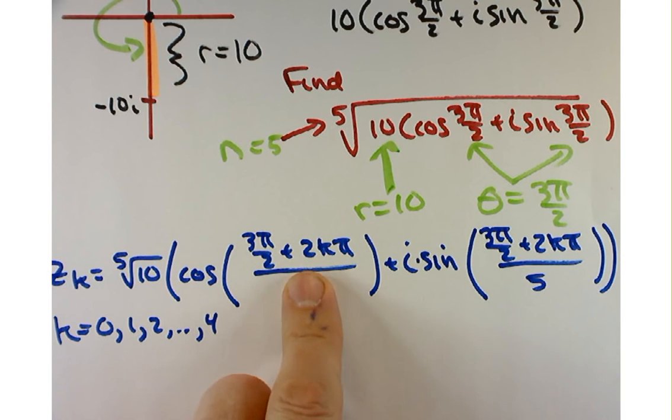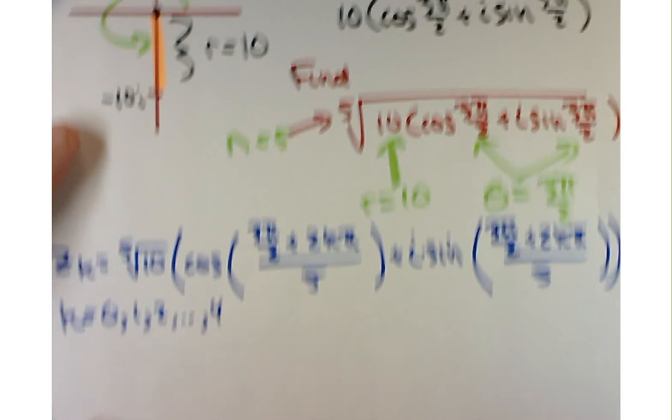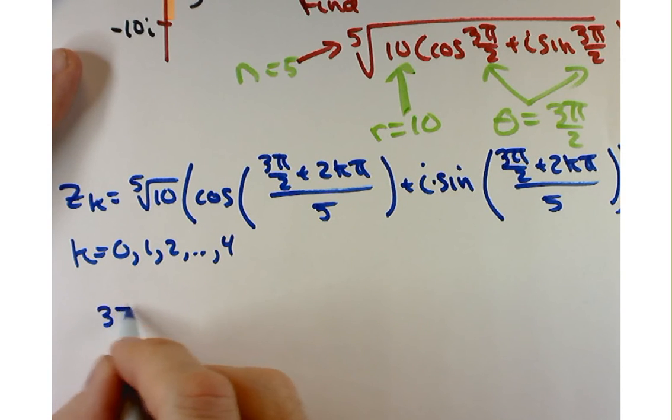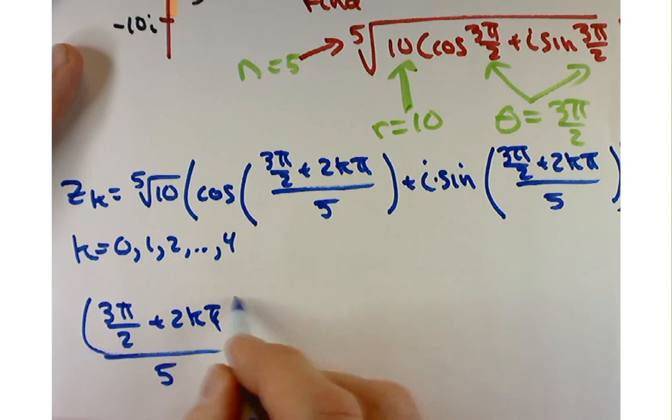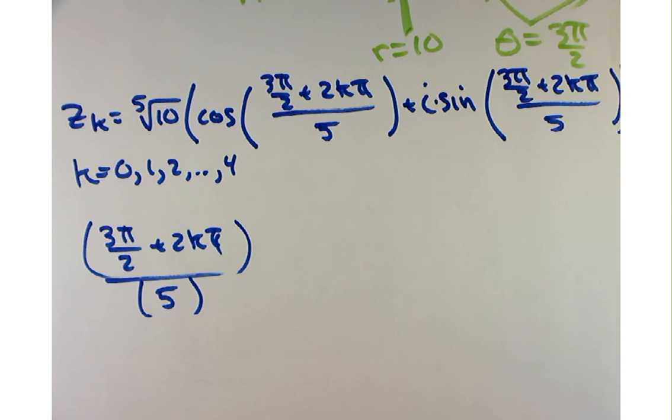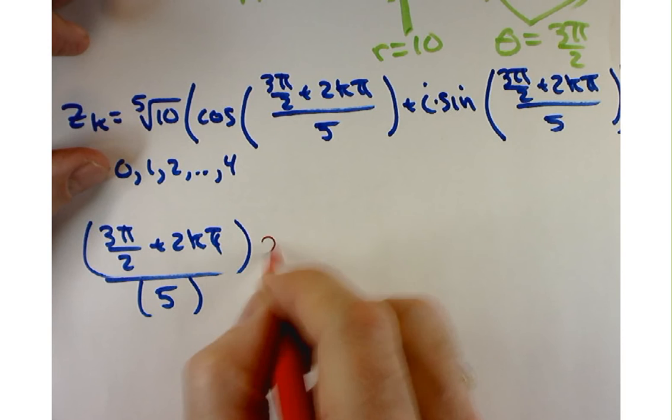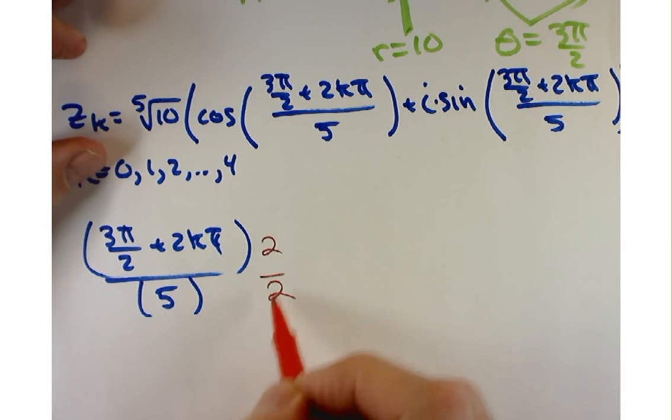This is kind of ugly in here, especially with the 3 pi over 2. What you can do, I'm just going to do this off to the side: 3 pi over 2 plus 2k pi over 5. I'm going to multiply the numerator and denominator by 2, so 2 over 2.